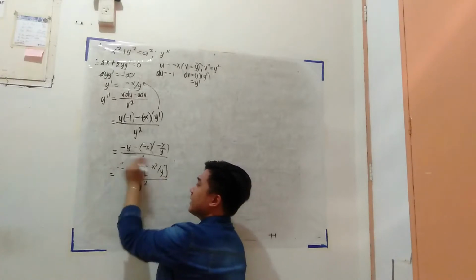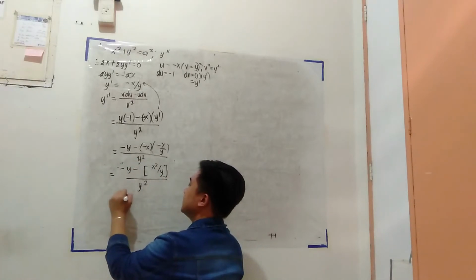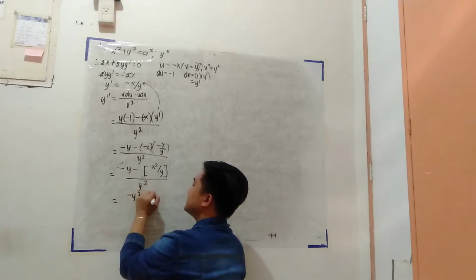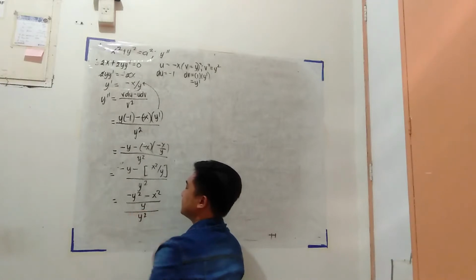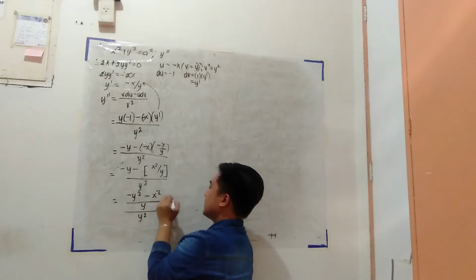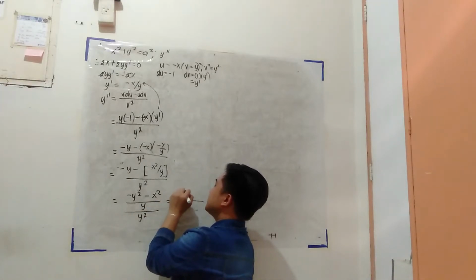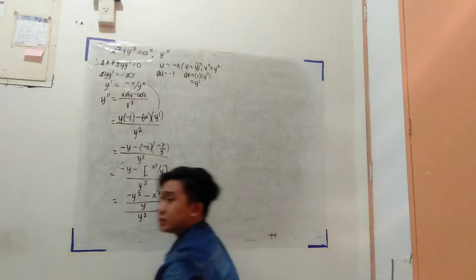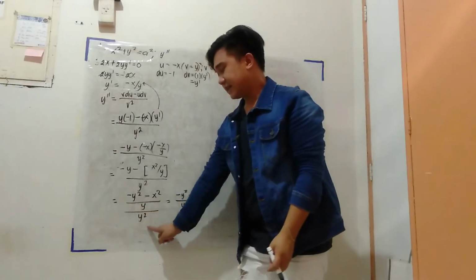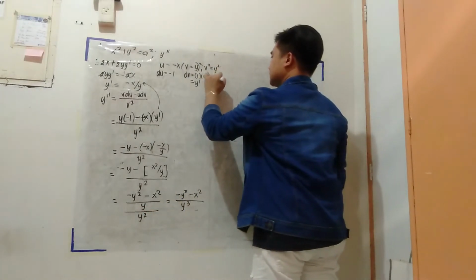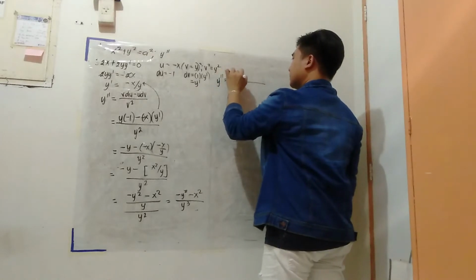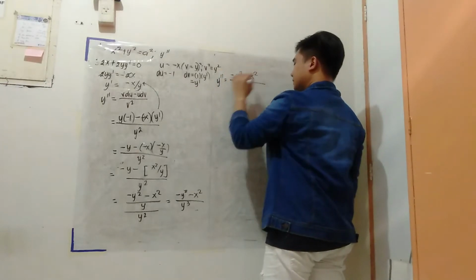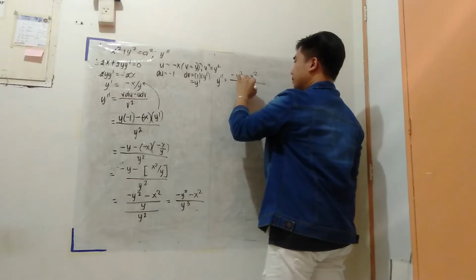Okay, kung isi-simplify ko pa to, ang makukuha ko is negative y squared minus x squared all over y squared. Or simply, this is equal to negative y squared minus x squared all over y cubed. Na-multiply lang po doon. So, y double prime is equal to negative y squared minus x squared all over y cubed.